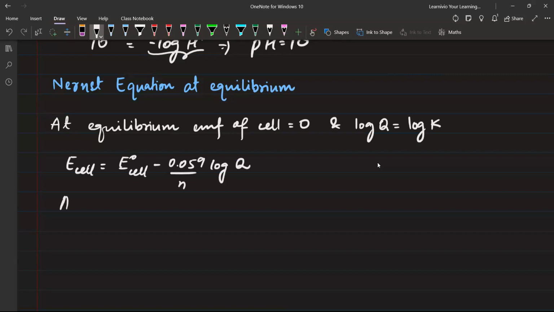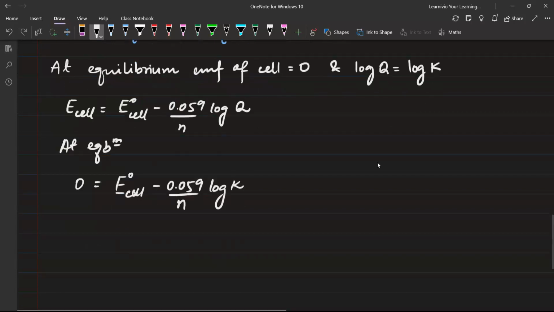At equilibrium we can rewrite the Nernst equation as EMF of the cell equal to 0. E naught is a constant for a particular cell, and it does not depend on the concentration. Whatever the concentration, the E naught cell will be the same if we have the same electrons, minus 0.059 divided by n, and log Q will be log K.